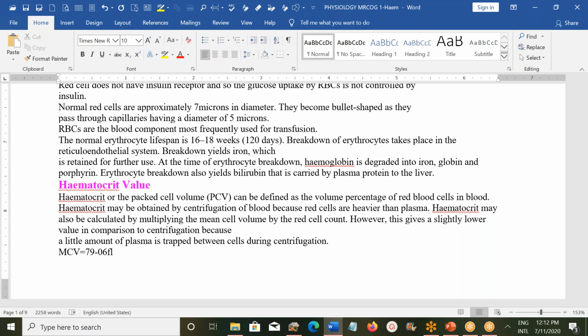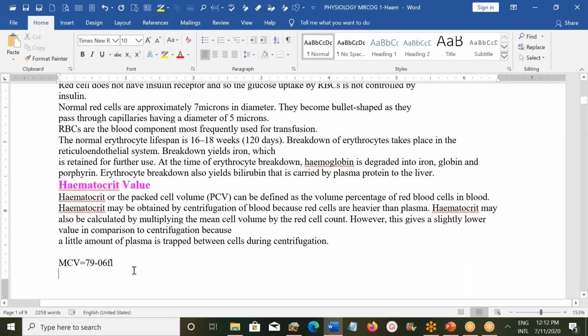What does it mean? It means that 79 to 96 is considered the normal. If it is less than 79, then you will say that this person has microcytic anemia. If it is more than 96, then you will say that this person has megaloblastic anemia, or the cells are going to be large.